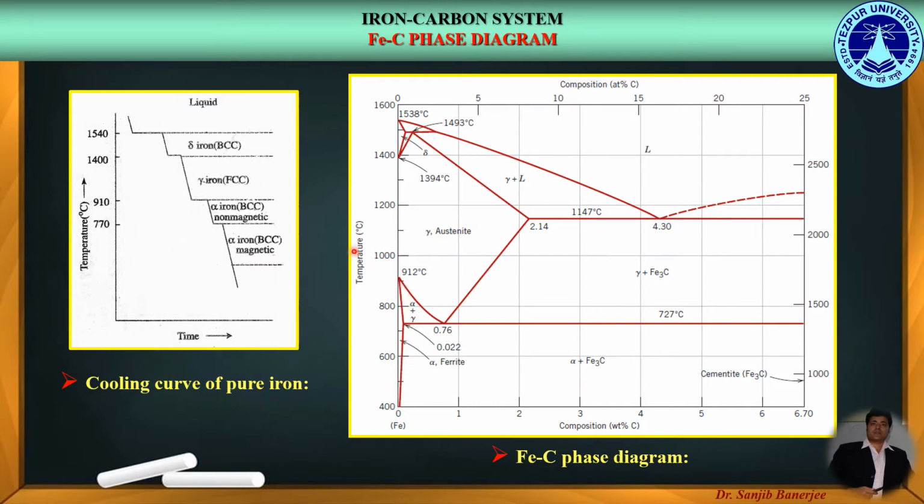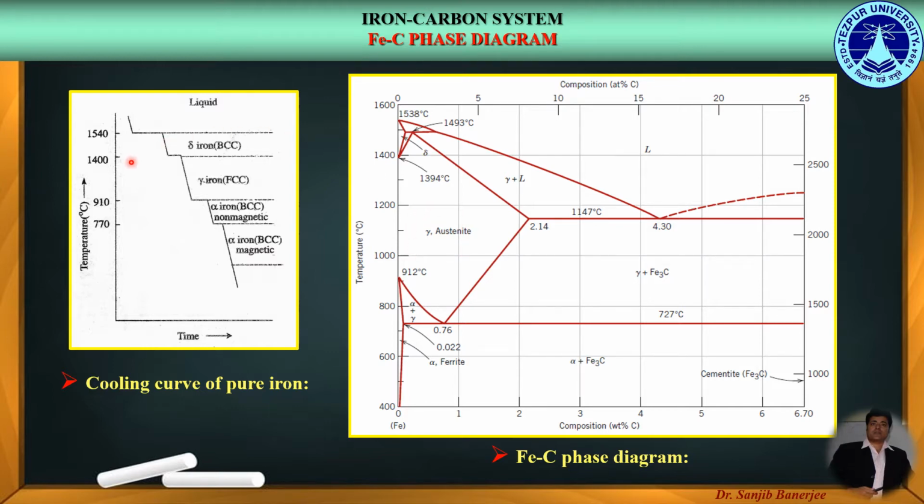Similarly, below 1400 degrees centigrade, in the cooling curve of pure iron, we get gamma iron having FCC crystal structure. When carbon forms an interstitial solid solution with gamma iron, we get the austenite phase in the iron-carbon phase diagram.